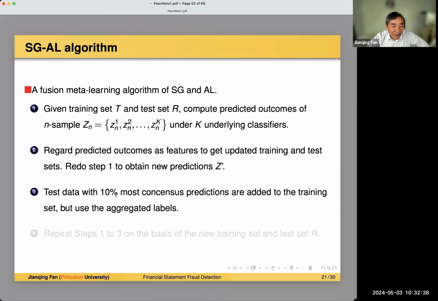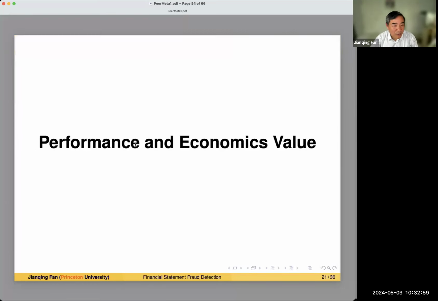The 10% most consensus testing results, with their aggregated labels, are fed back to the training, and then we repeat this step many times. Actually 10 times, because every time you feed back 10%. So you get the result.